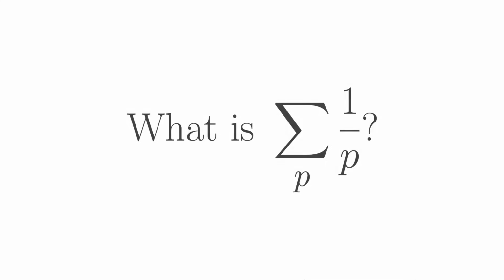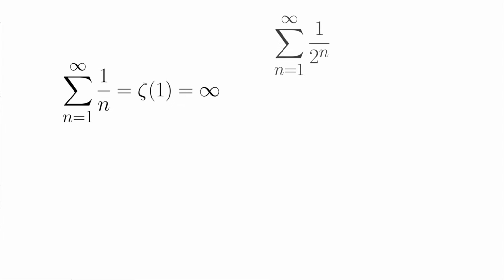Here are a few relevant comparisons. If instead of summing over just the reciprocals of the primes, we summed over the reciprocals of all the positive integers, well, that would give us what we called zeta of 1, and that we decided is infinity. If instead I summed 1 over each power of 2, then I would get 1.